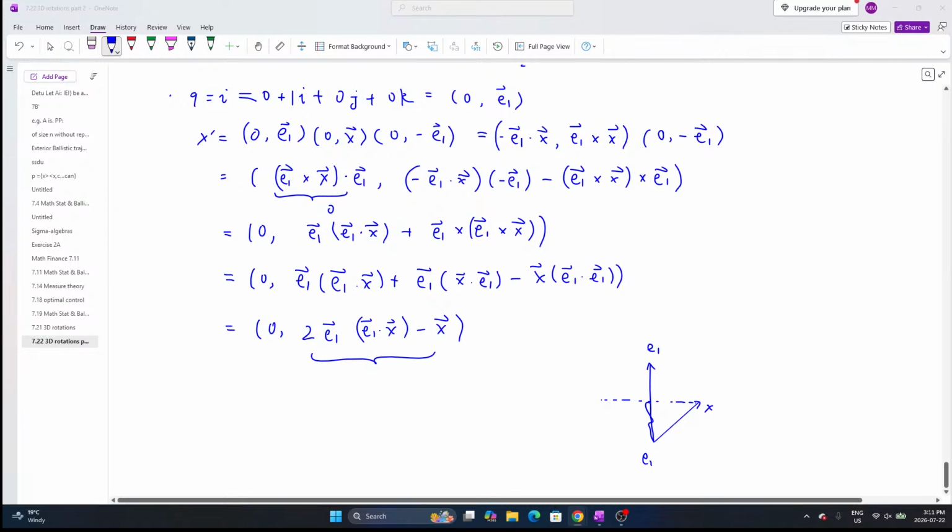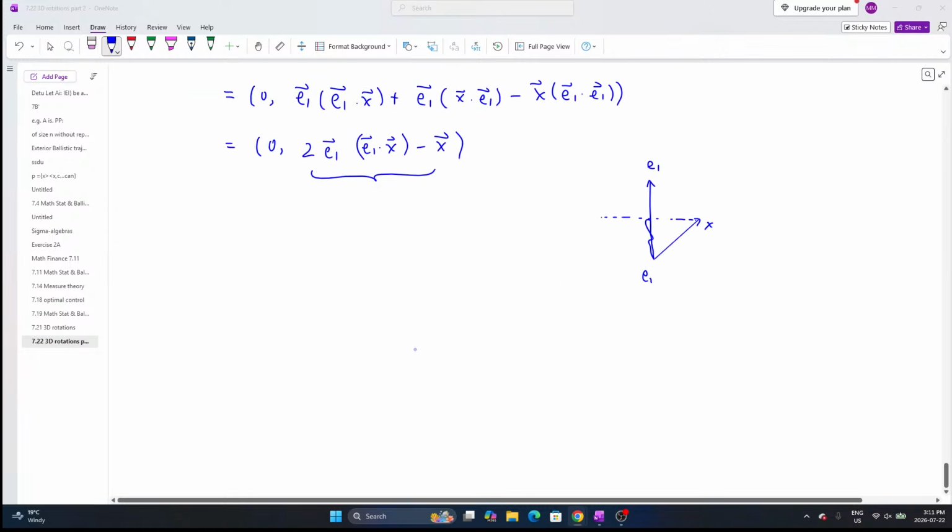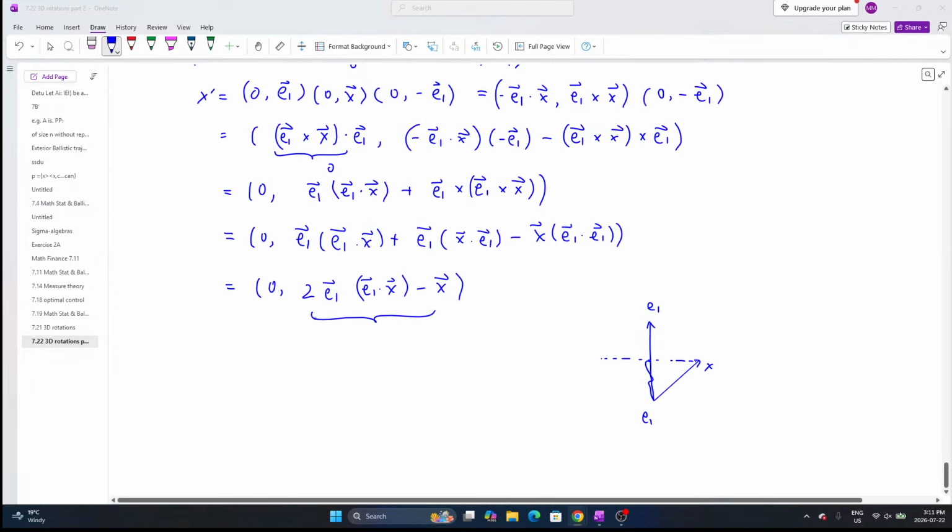Is that a reflection about, hang on, it just looked like a reflection about the x1 axis, right? I'm still struggling to see it. 2E1 times E1 dot x minus x. Hold on a second.